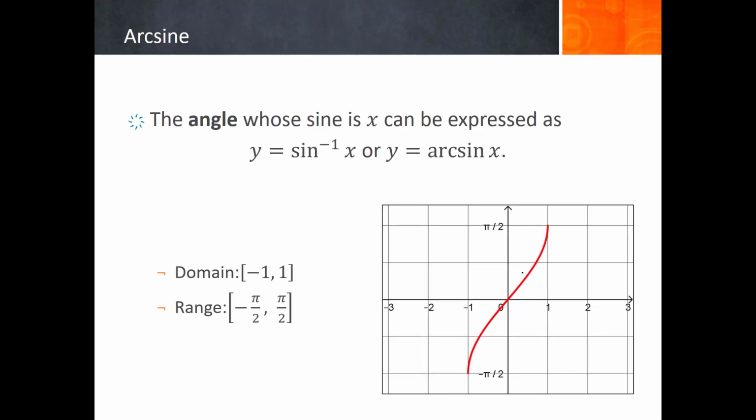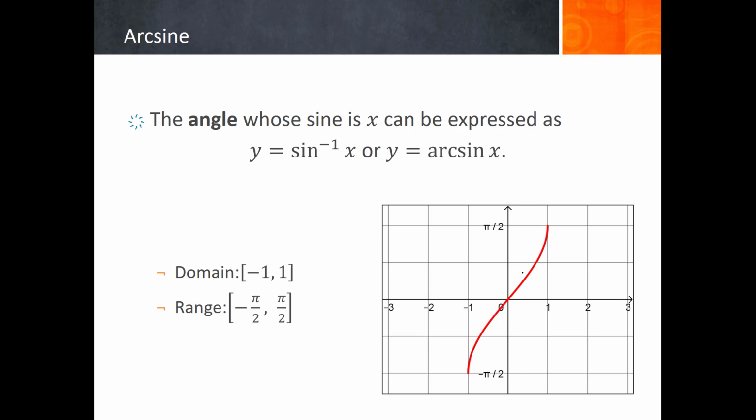So let's kind of summarize this, put it all into a definition. When we think about finding an inverse sine or an arc sine, we are trying to compute the angle, and we've interpreted this before. We are trying to compute the angle whose sine is x. And mathematically, we describe that as y equals the inverse sine of x.